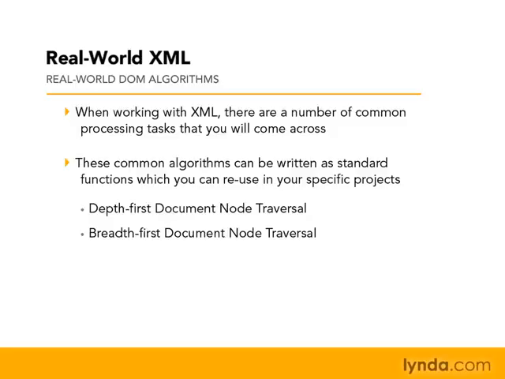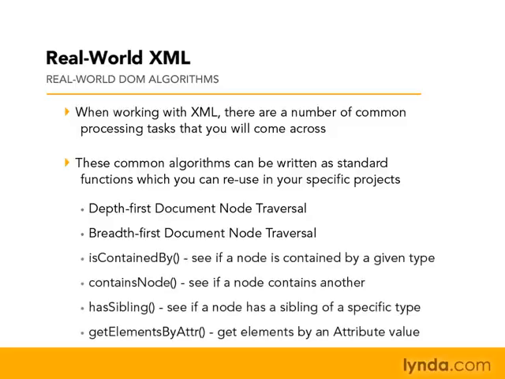The rest of the algorithms I provide here are pretty useful functions that you can use in your code that perform some useful utility functions. For example, there's the isContainedBy function, and you can use that function to see if a given node is contained within a given type or within a specific node. The contains_node function is the opposite.